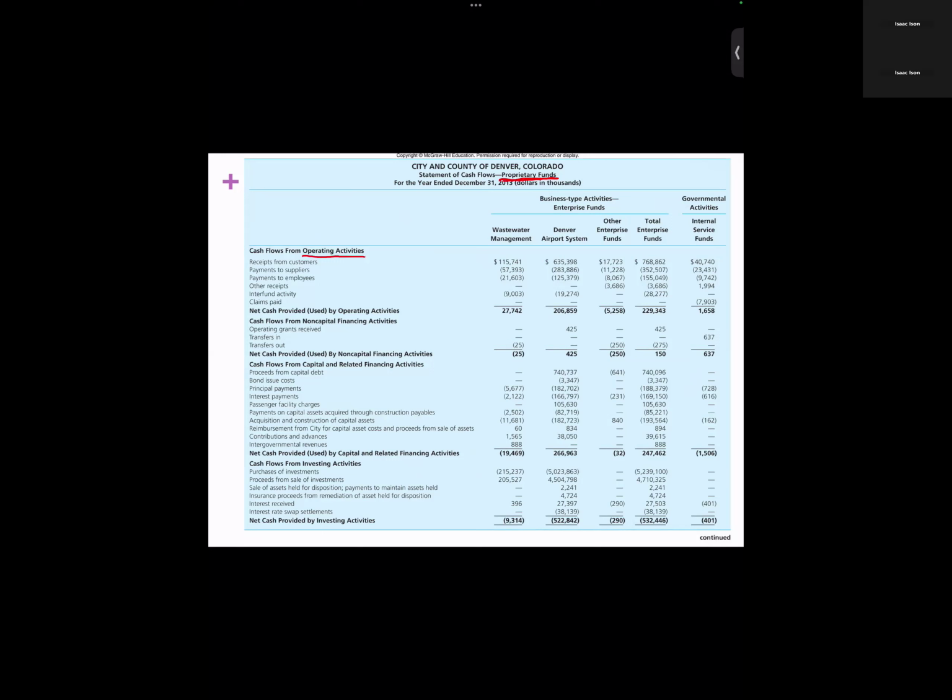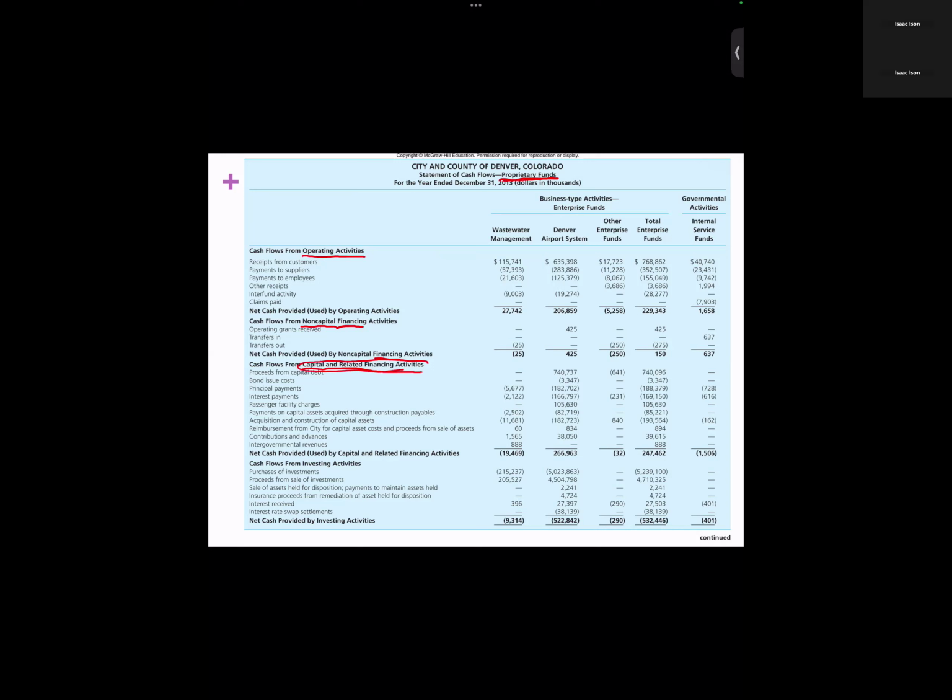So in for-profit, you go operating, investing, financing. Now we're going to go operating, financing, and you'll notice there's two financing. So there's non-capital and capital and related financing.